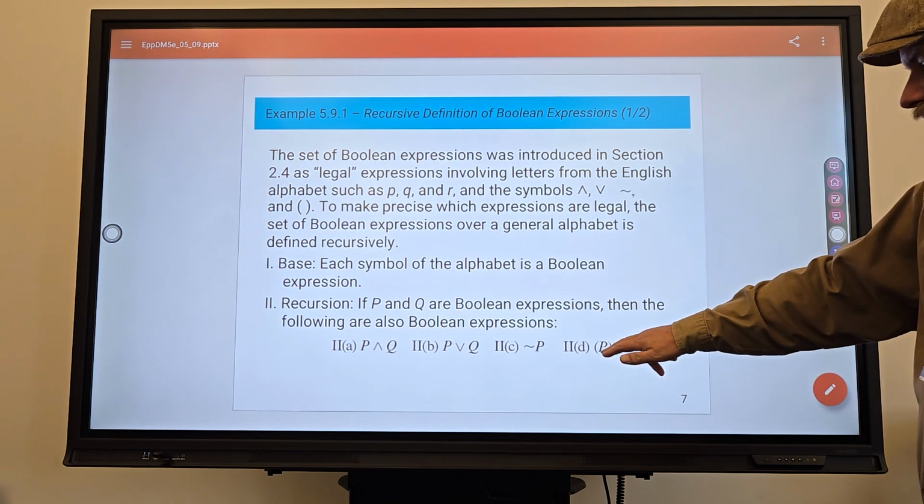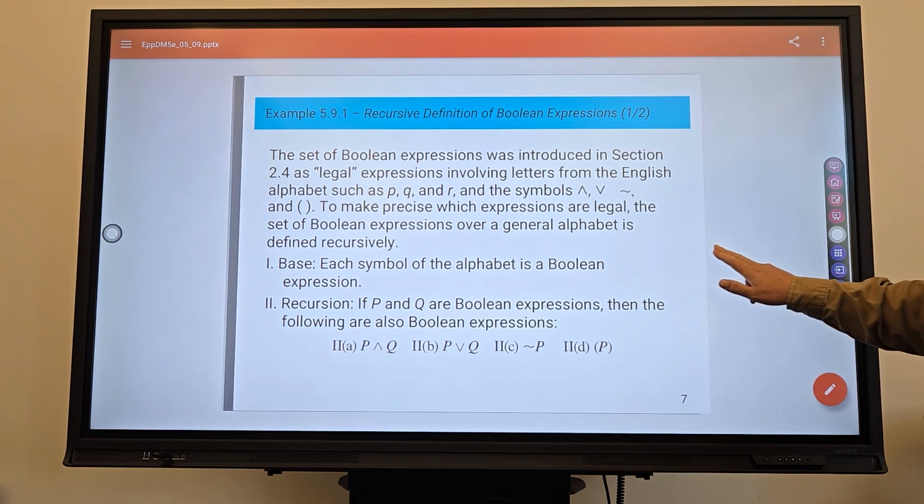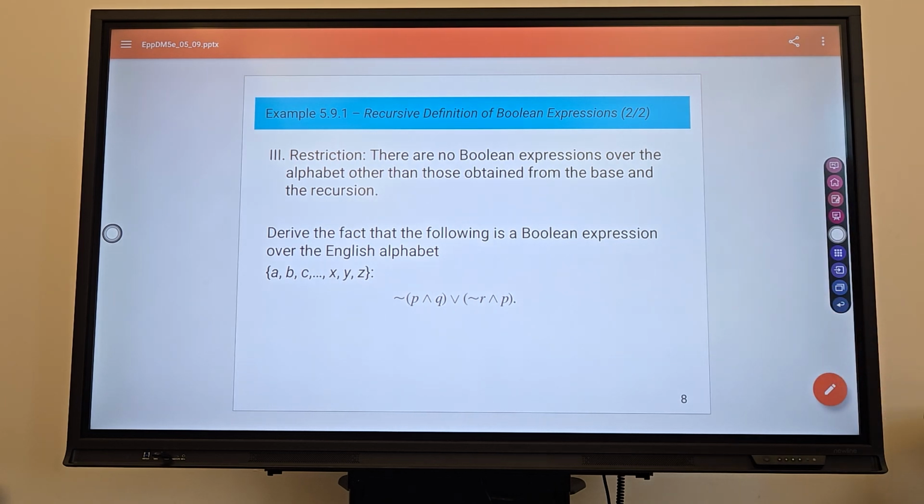And P in parentheses is a Boolean expression. So that's 4 rules of recursion that it gives. Like I said, the rules for recursion aren't necessarily just one, but it could be many different rules to define the recursion. Restriction. There are no Boolean expressions over the alphabet other than those obtained from the base and the recursion.